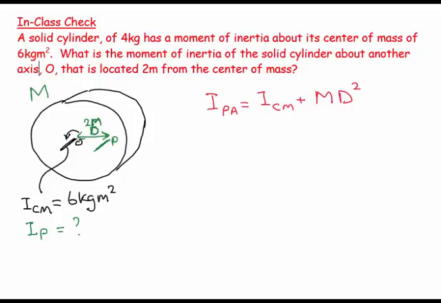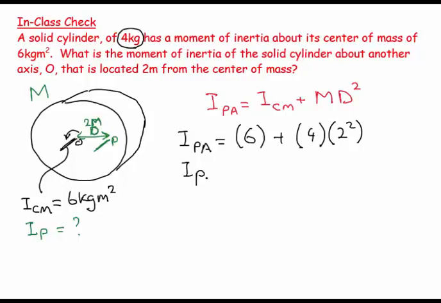So then what I do is I simply say, okay, my moment of inertia about my parallel axis, my new axis, is equal to my moment of inertia about my old center of mass, which was 6, plus my mass of the entire object, which was 4, times the distance between these two parallel axes, which is 2, squared.